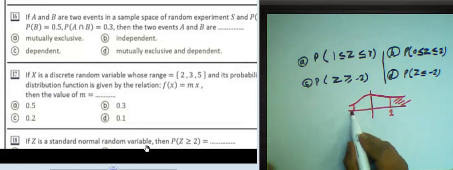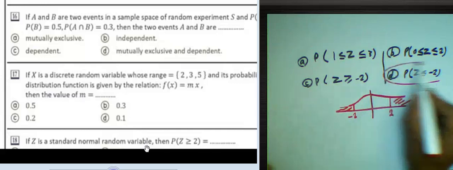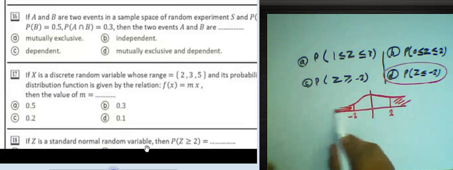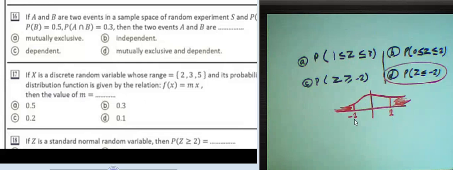This part is equivalent to this part. Choose Z less than or equal to -2, because the area of this part equals the area of this part. Understood? The area from 2 to infinity equals the area from -infinity to -2.